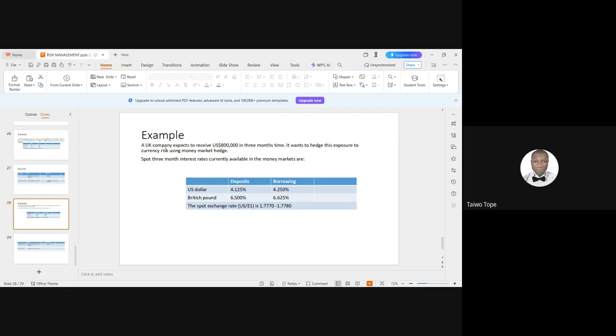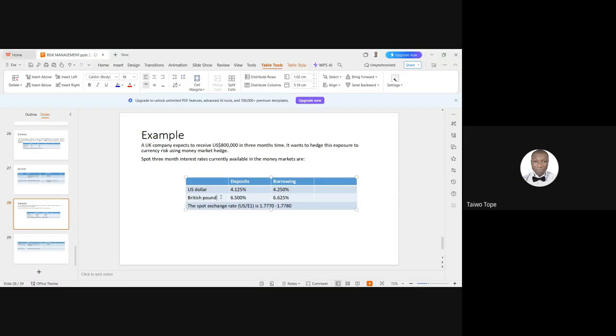It's the British pound. You must know all this; I think in your study pack, in most textbooks, they put it out. So the home currency is the British pound.